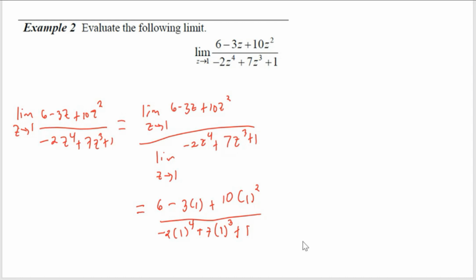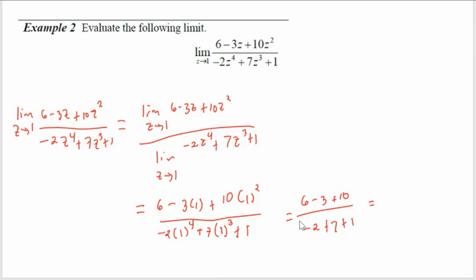So by simplifying, this will give you now 6 minus 3. 3 times 1 is minus 3. 10 times 1 squared is still 10, over 1 to the fourth power is 1 times negative 2 is negative 2, plus 1 cubed is 1 times 7 is 7, plus 1.